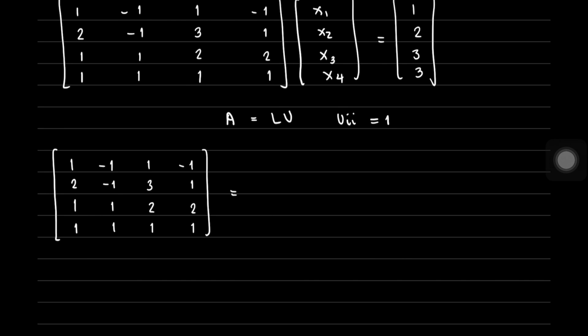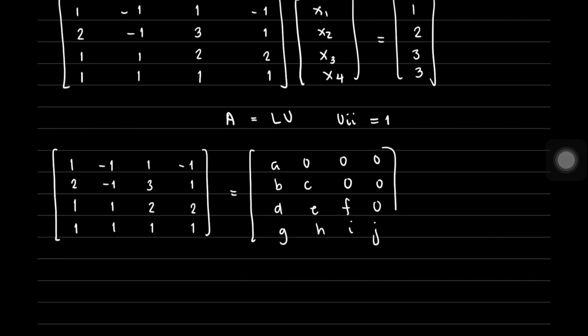This would now be equal to the lower triangular matrix with entries A, B, C, D, E, F, G, H, I, J, and its upper part equal to 0, 0, 0, 0, 0, and 0.